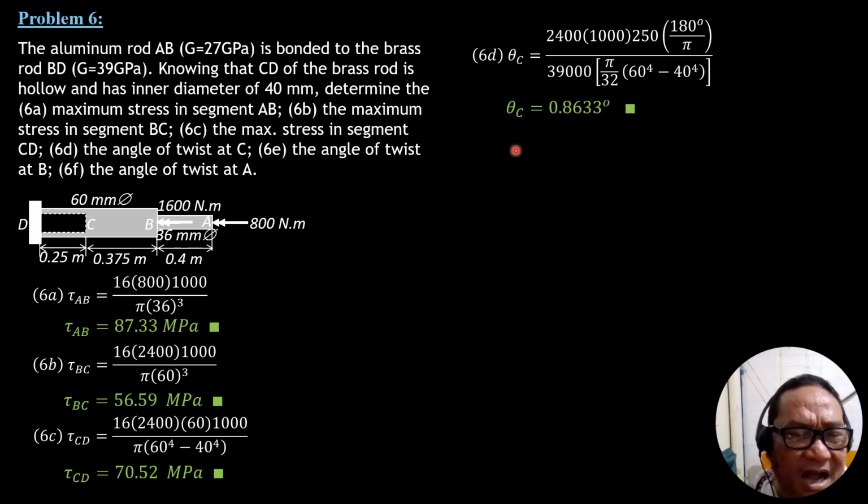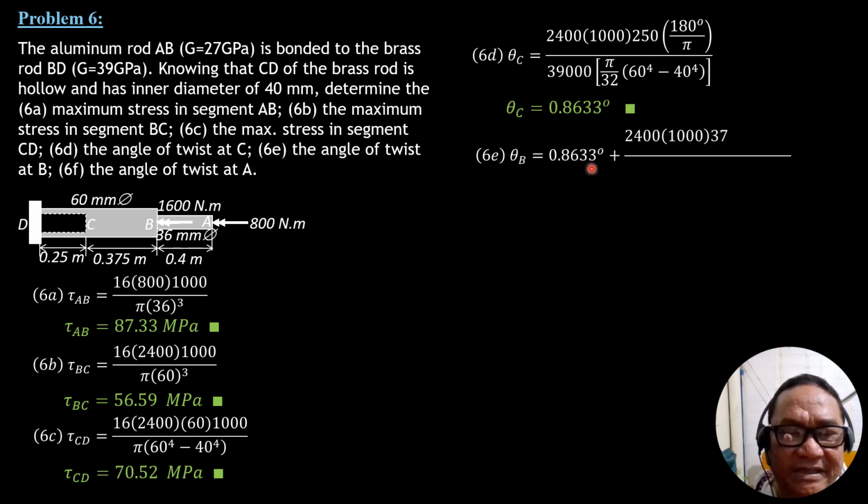Then for angle of twist at B, it is angle of twist at C. Then the net torque here, 2400 again, solid. So theta B is equal to 0.8633 degrees plus 2400 times 1000 times length 375, then conversion factor divided by G, 39,000, then polar moment of inertia of solid shaft, pi over 32, diameter 60 to the fourth.